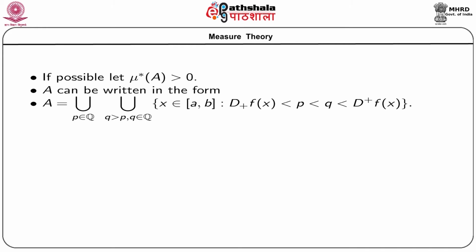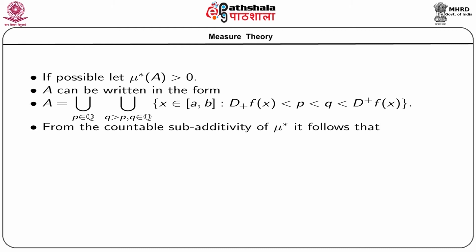And consequently, the set capital A can be written as the countable union of all these types of sets, that is union of small p belonging to capital Q, union of small q greater than small p, where small q again is a rational number belonging to capital Q, collection of all x belonging to closed interval [a, b], where D lower plus f(x) is less than p less than q less than D upper plus f(x).